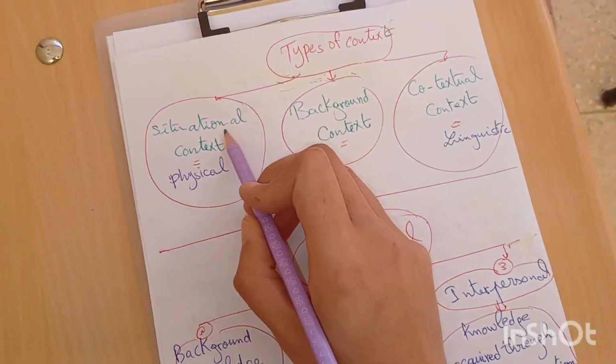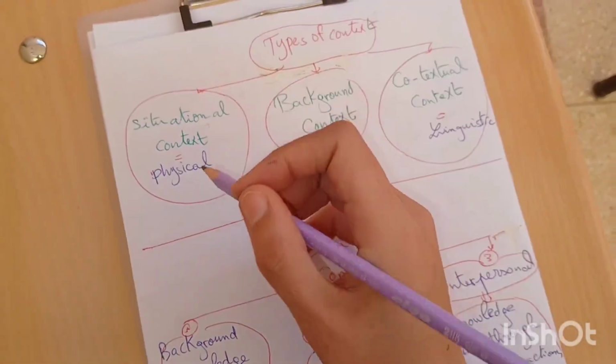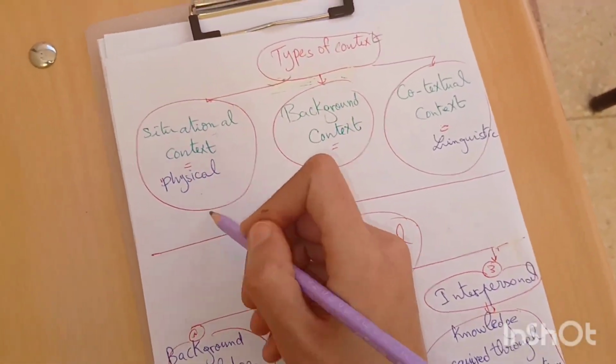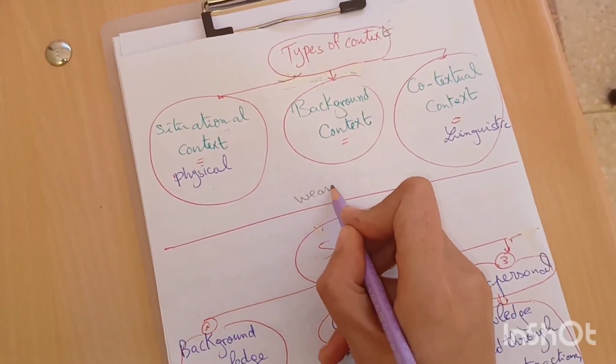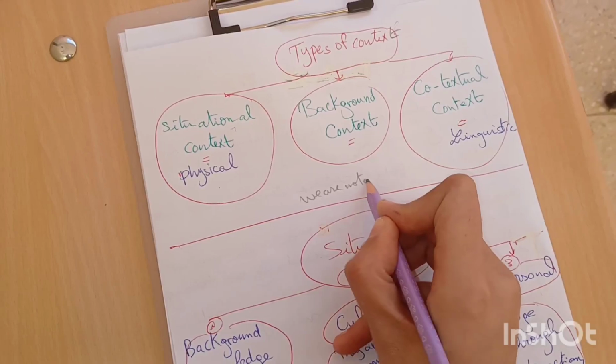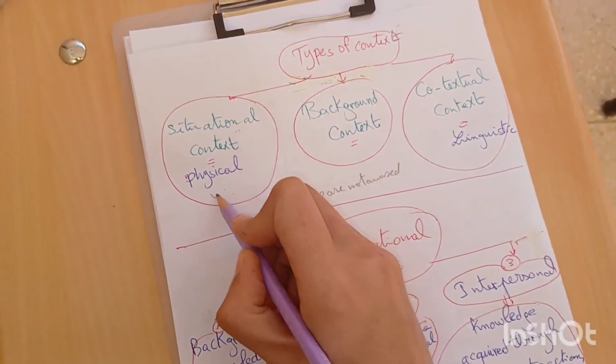The first type is situational context, or physical, as we mentioned in the last video before this. So in the example we are not amused, if we interpret it, we have the physical, the where and when.